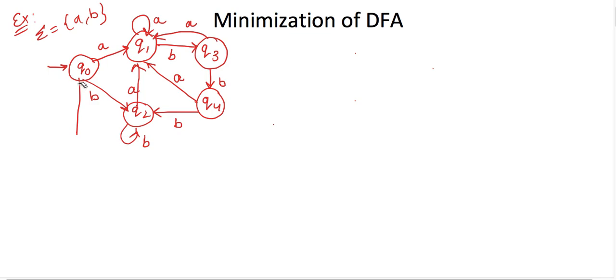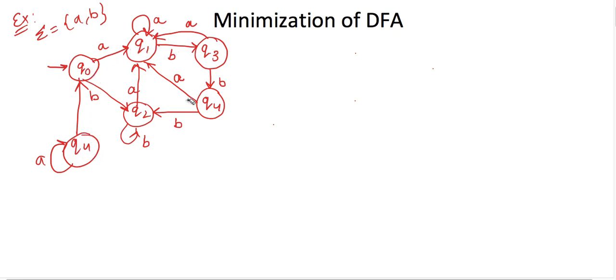Let's suppose any state Q4 is given and it is like this. Sorry, B should not be there because it is a DFA. Watch it. Is this state reachable from the initial state?